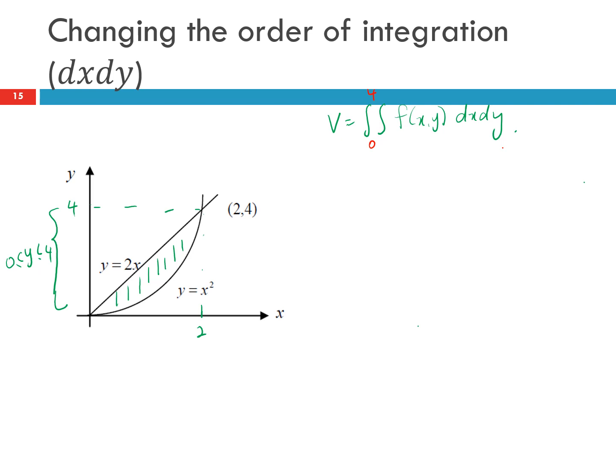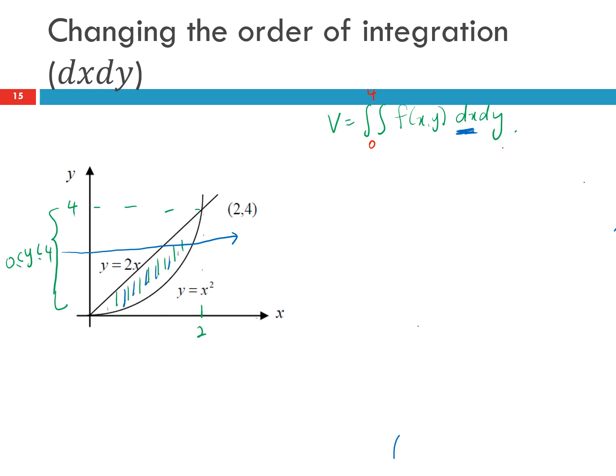Now the problem is to find the limits of x. To find the limits of x, you draw a straight line parallel to the x-axis, but it must cross the region here.